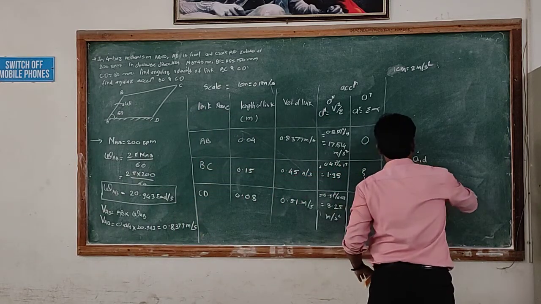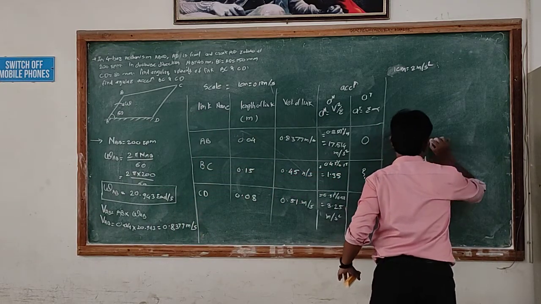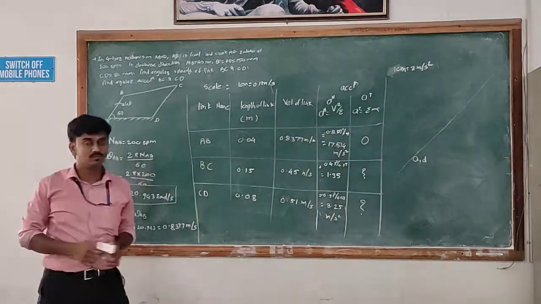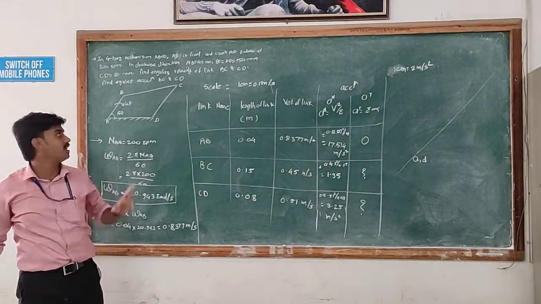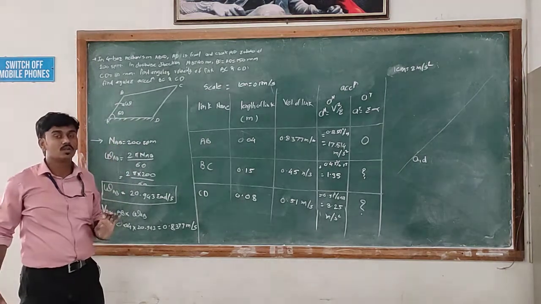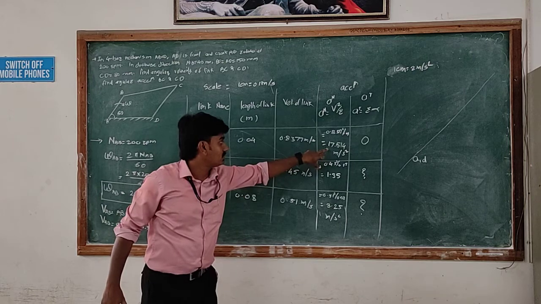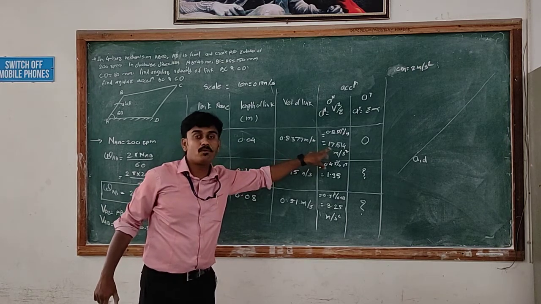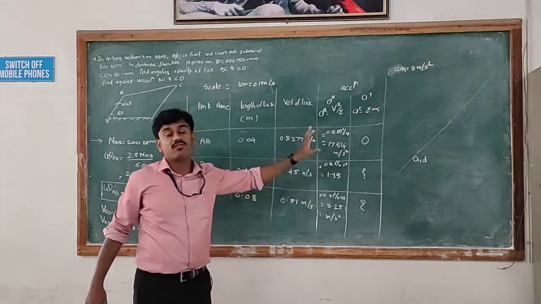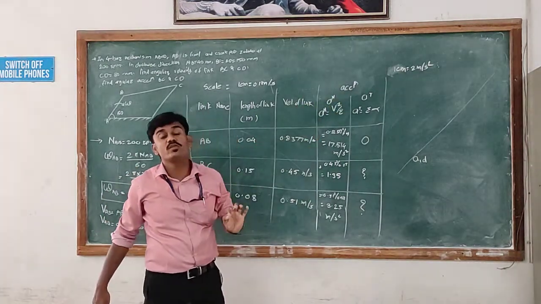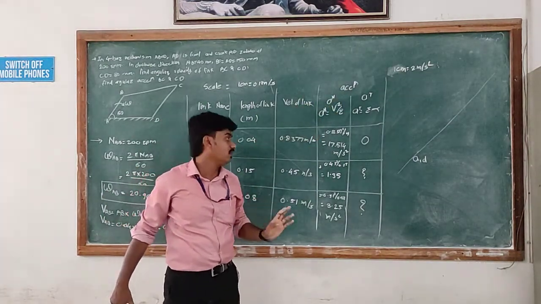Okay. The normal acceleration is 17.514. If we convert it into scale, we will get the value 8.8.